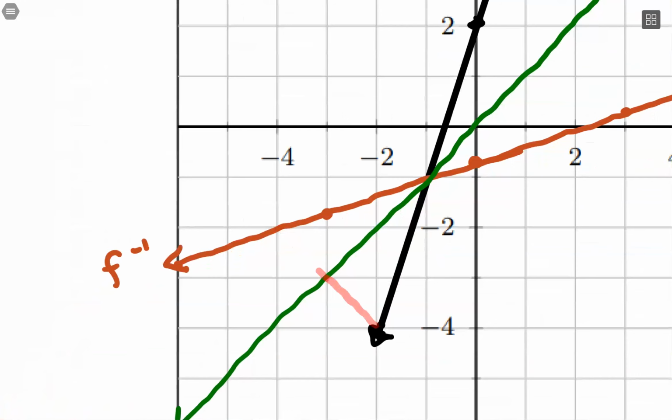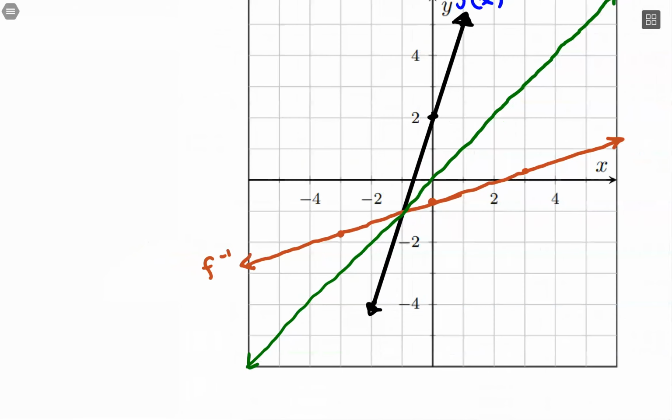We have diagonal 1, diagonal 1. And then we can even see here there's like a little jump and a little jump, but it's symmetric. So it's reflecting over this y equals x to get the inverse function. Now that can be pretty difficult to visualize, and just takes practice, and we'll just keep looking at that.